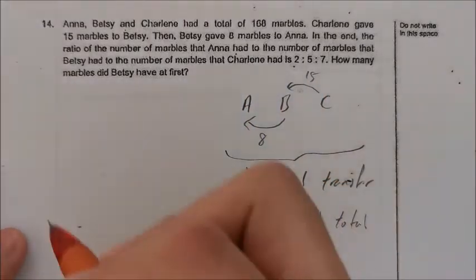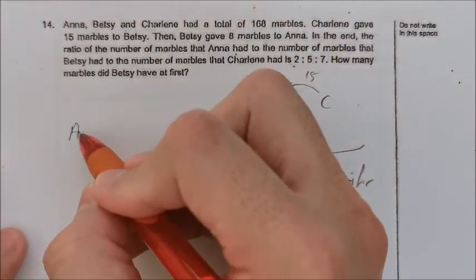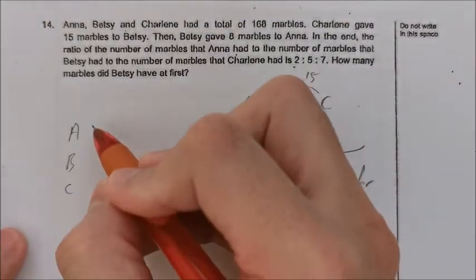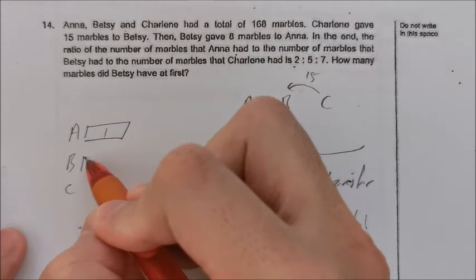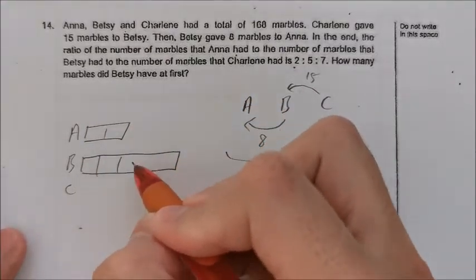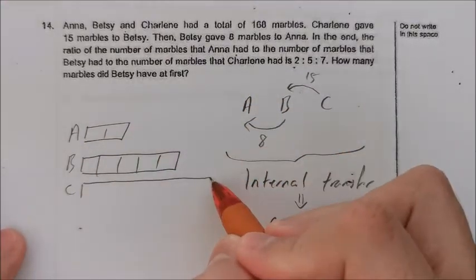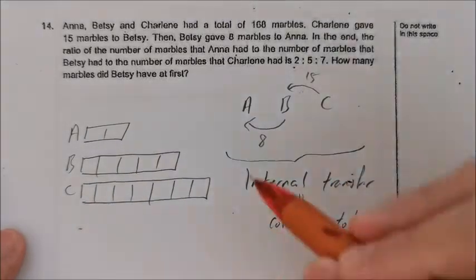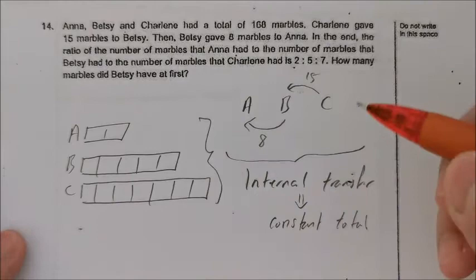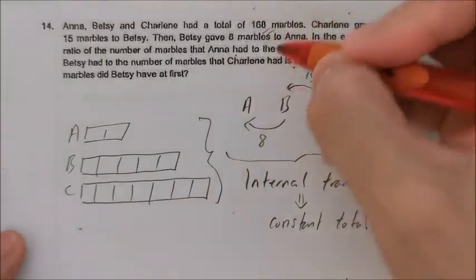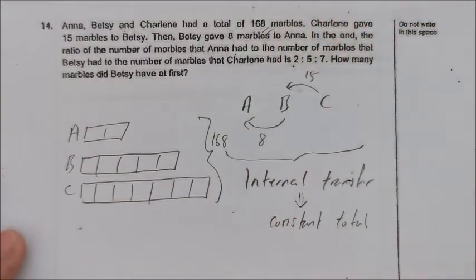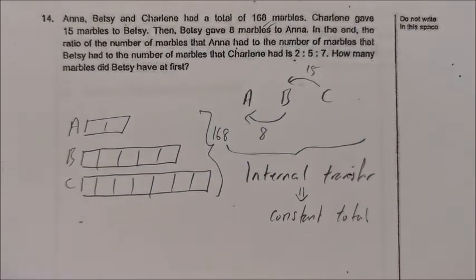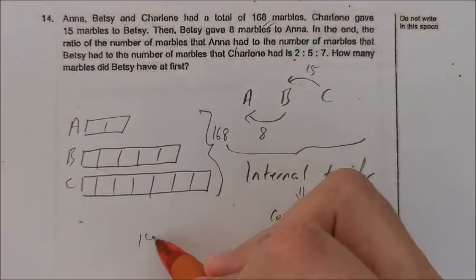So we know that at the end we have this ABC. So Anna is 2, Betsy will be 1, 2, 3, 4, 5, Charlene will be 1, 2, 3, 4, 5, 6, 7, and all together is still the same constant total of 168. Okay, so with this we can do it quite easily now, because total they are all together 14 units.